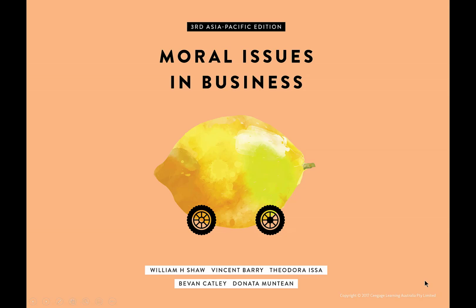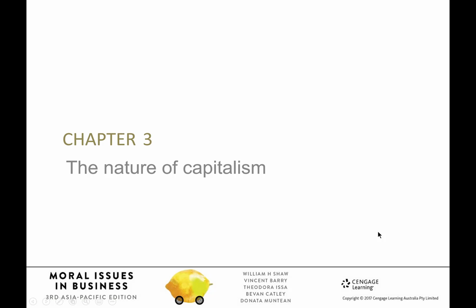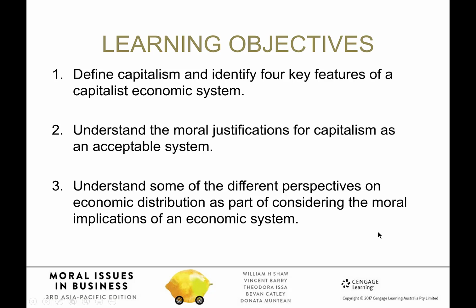So, this again comes from the textbook, and these slides are supported by the resources from the textbook, Chapter 3. On successful completion of this module, this is what you should be able to do as students.